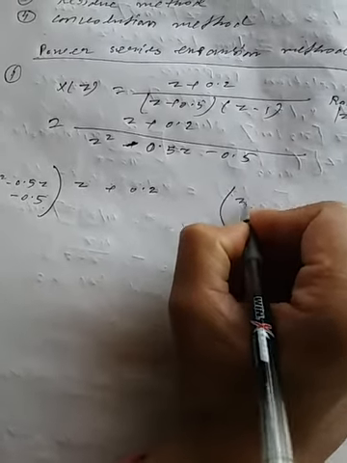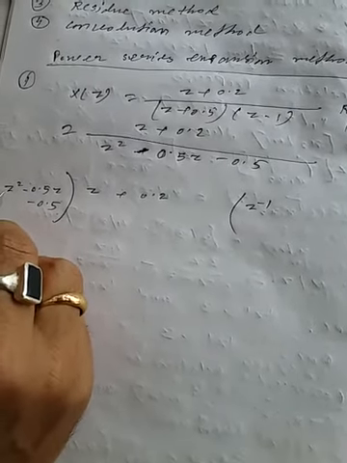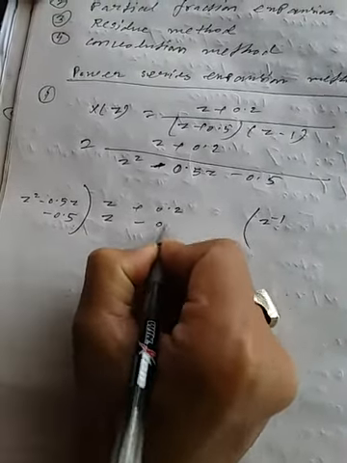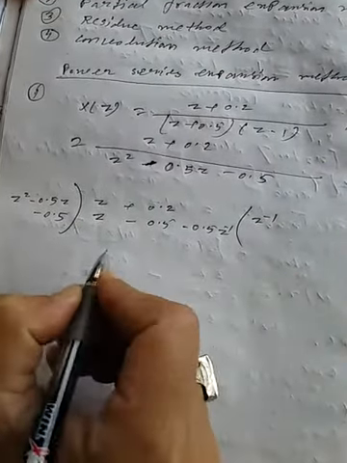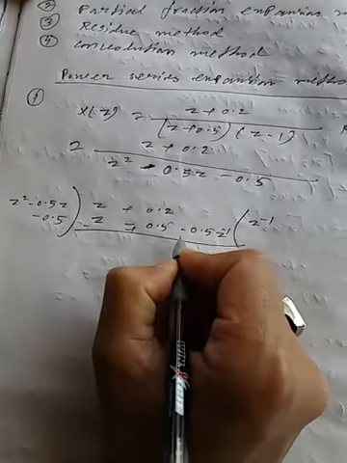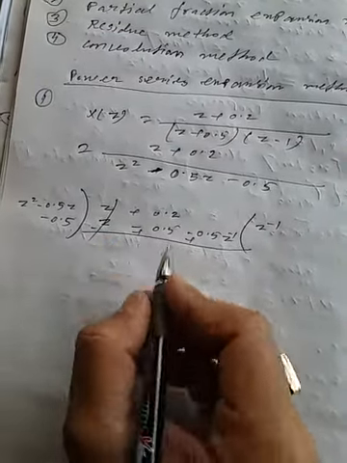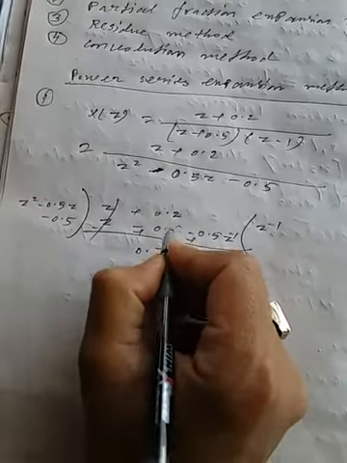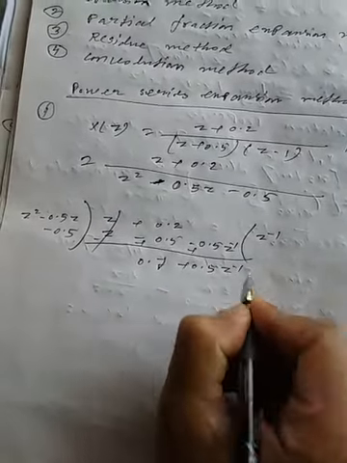Now at first we multiply it by z to the power minus 1. If I multiply it by z to the power minus 1, then it becomes z minus 0.5 minus 0.5 z inverse, right? After subtracting this portion from this, it will become 0.7 plus 0.5 z inverse.